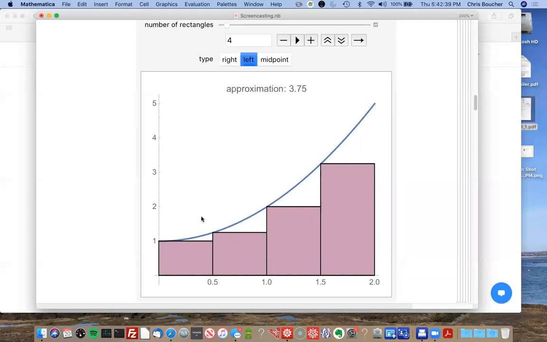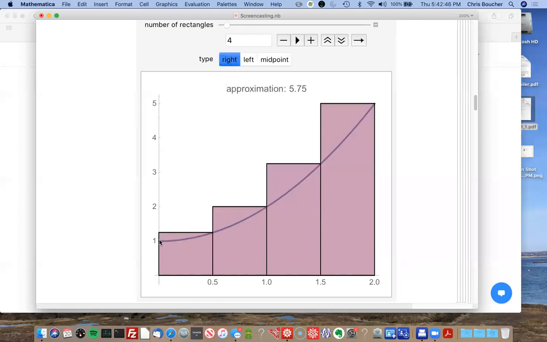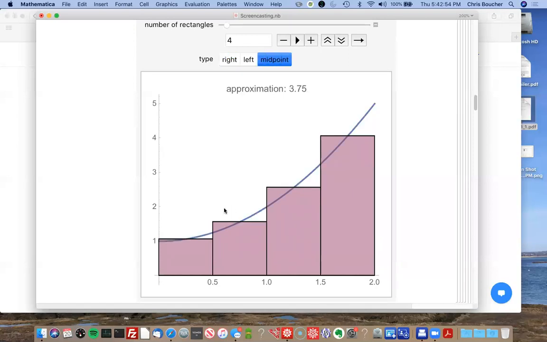The other thing I'll point out is there's nothing super special about using the right endpoint or the left endpoint. You might say, why not use the point that is a third of the way through the interval or 70% of the way through the interval or the midpoint of the interval? And indeed, this is what the midpoint approximation looks like.